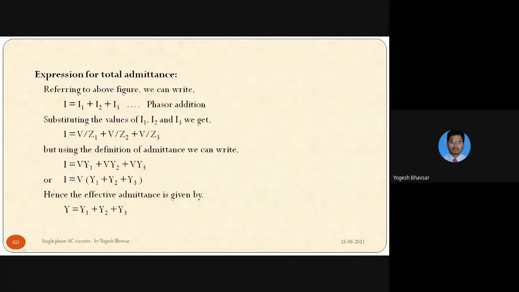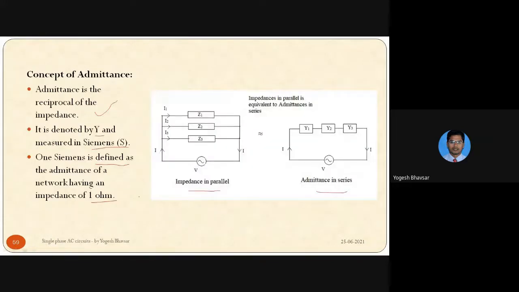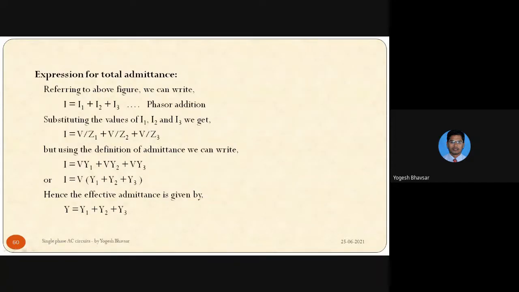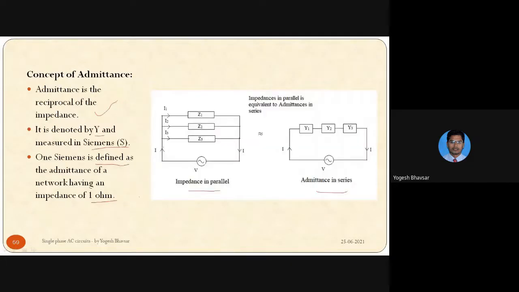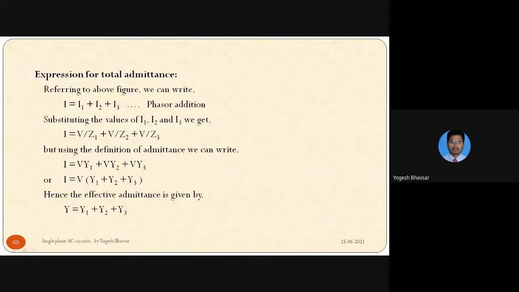Then we can prove it by this expression. Admittance is the reciprocal of impedance, denoted by Y and the unit is Siemens. And the impedances are connected in parallel, so admittances are connected in series. Why in series? We can prove by this expression. Referring to the first equation, the total current I is equal to I1 plus I2 plus I3. This is the phasor addition. Then substituting the values of I1, I2 and I3, we have I is equal to V by Z1 plus V by Z2 plus V by Z3, right?